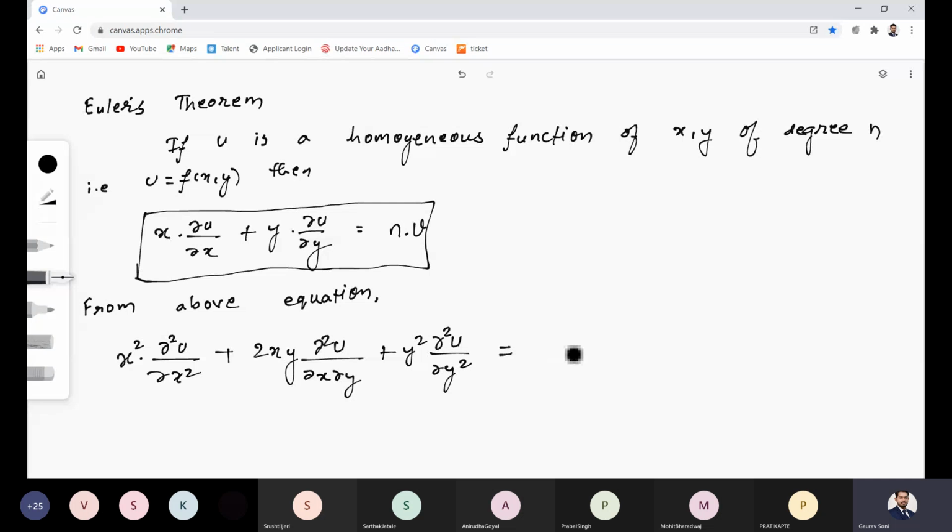This is equal to n into n minus 1 times u.